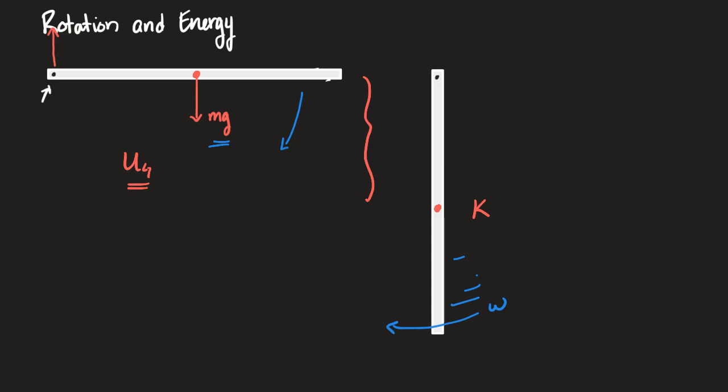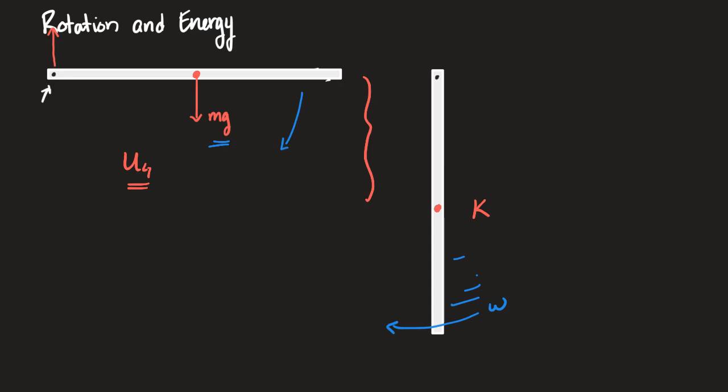Now, it's hard to pick out these types of questions and recognize when they're conserving energy and when they're not. So let me just say at the onset that when you have a clear change in height of the center of mass of a system, and that change in height is due to the actions of gravity or the actions of a spring, you are very likely going to be conserving energy and can assume that mechanical energy is being conserved.